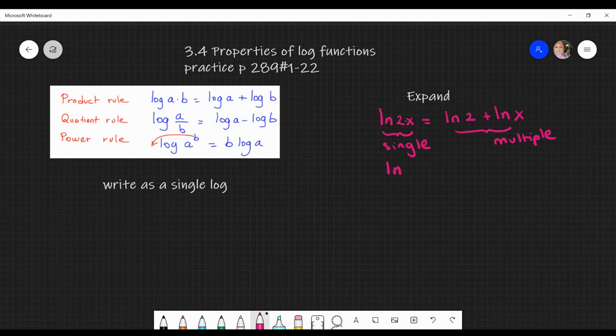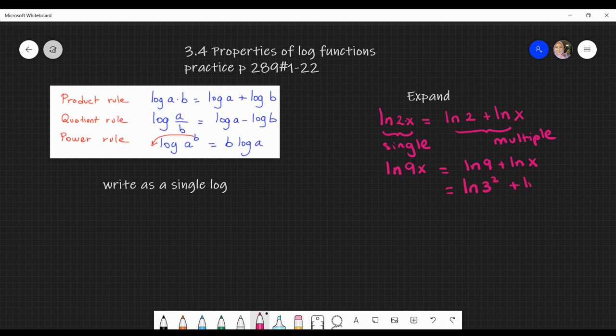Now, sometimes it's not that easy, or it would require more steps. Like, let's say we had 9x and I split it into 9 and x, natural log of 9 and natural log of x separated by addition. The 9, we could write it as a power.